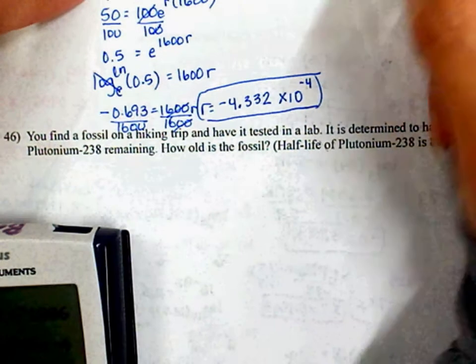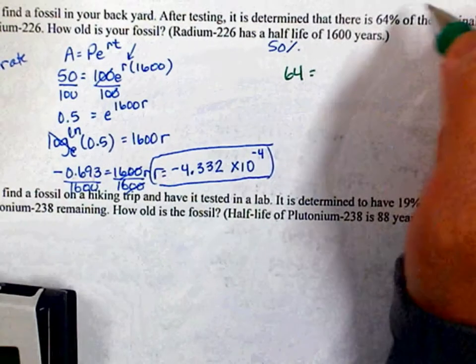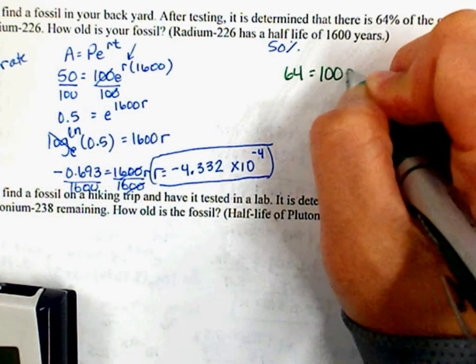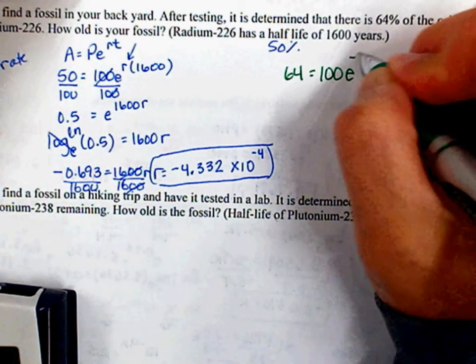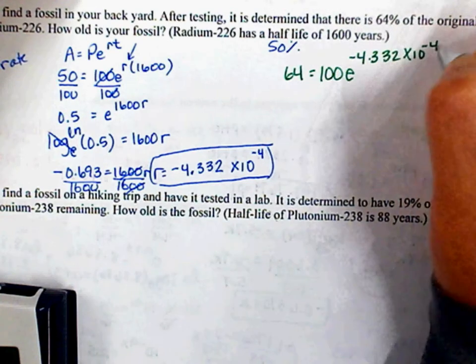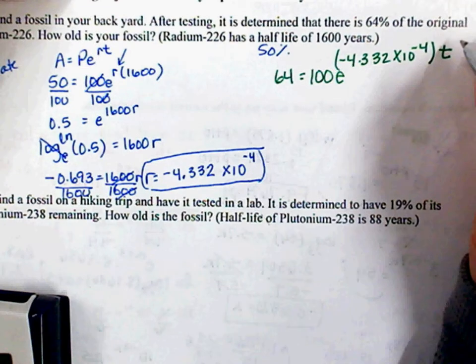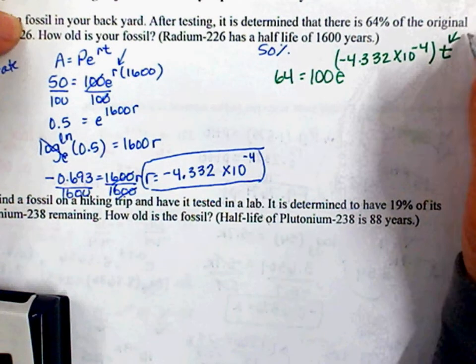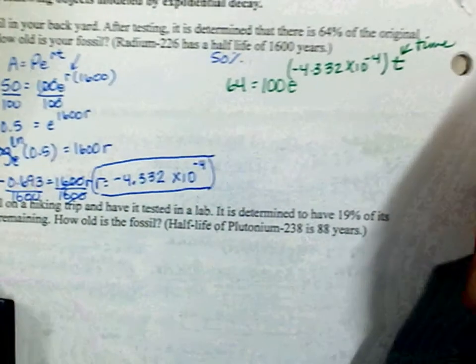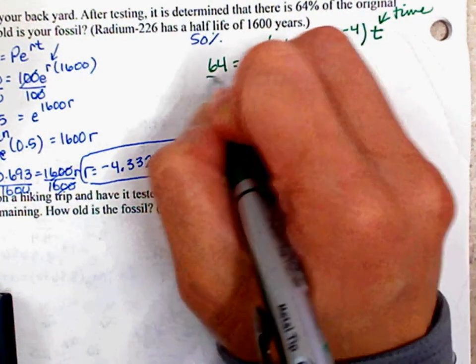Same formula. It tells you you have 64% left out of 100. My rate is negative 4.332 times 10 to the negative 4 times t, because I want to know how old, and t is time. Okay? All right. So divide by 64. No, I lied.